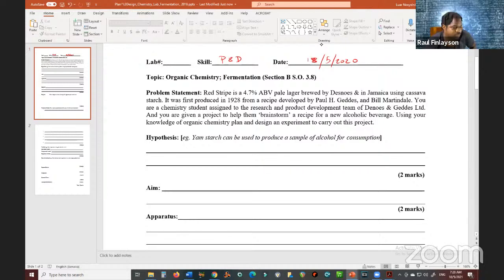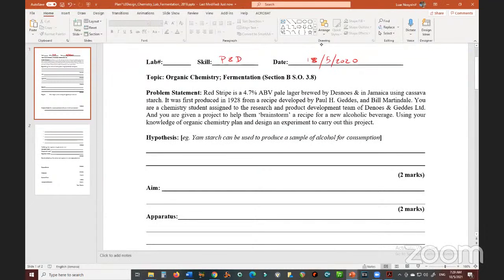Talking about Red Stripe. Basically telling you how Red Stripe is made. Red Stripe is actually made from cassava. And Jamaican cassava is unique. So therefore, if we use the starch the right way, we get a unique beer.